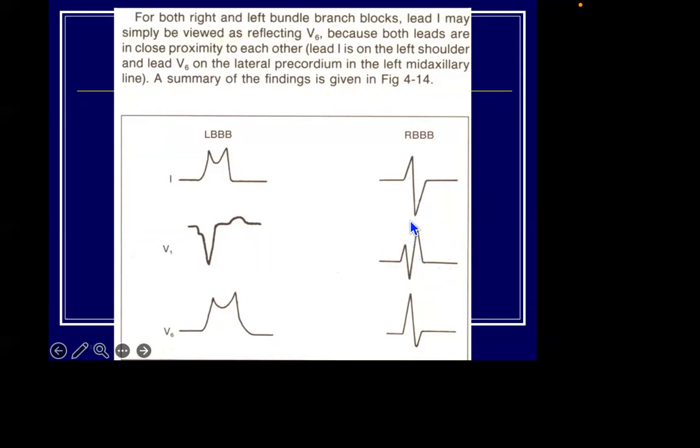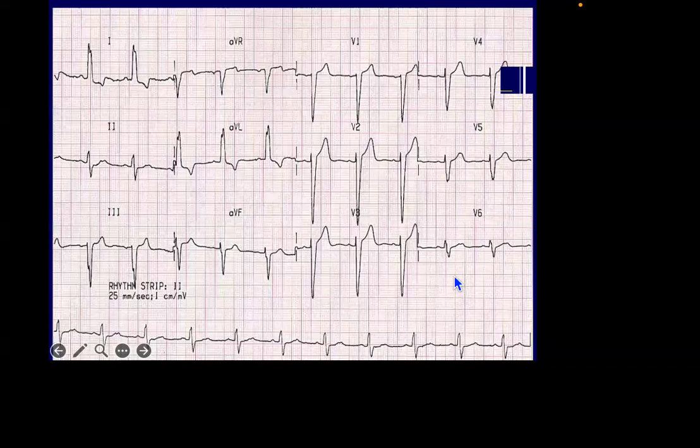But in V1, you find RSR. This is the R intervened by the S wave, and this is the next R. The first R is due to left ventricle activity, and the next R is due to right ventricle activity. And in lead V1 and lead V6, you will find a broad S wave. So this is LBBB, left bundle branch block.